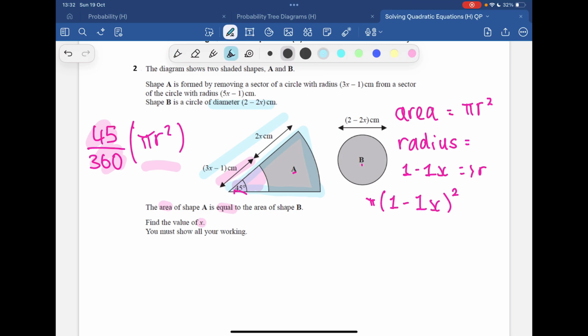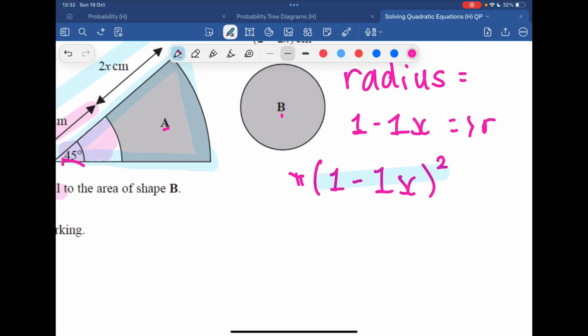So a place that we need to be careful not to get caught out: we cannot do 1 squared minus 1x squared. That is not how these square brackets work. This means you're going to multiply this bracket by itself. So what this is going to look like is pi. Again, we can do the same thing as we did with the half and just ignore this for now, as long as we carry it through and make sure we don't forget about it. This is going to be pi times 1 minus 1x multiplied by itself.